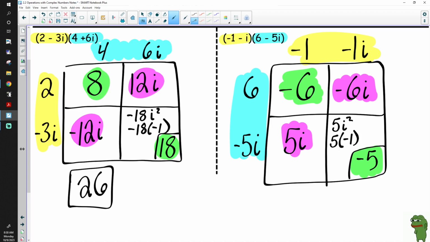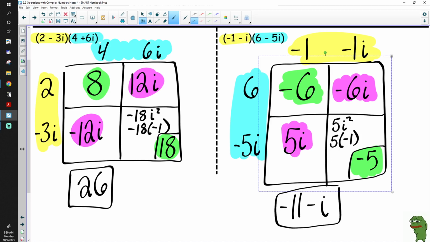Negative 6 and negative 5 gives us negative 11. 5i and negative 6i gives us negative 1i, or just negative i. And that is it. That is how you multiply two complex numbers. All done.